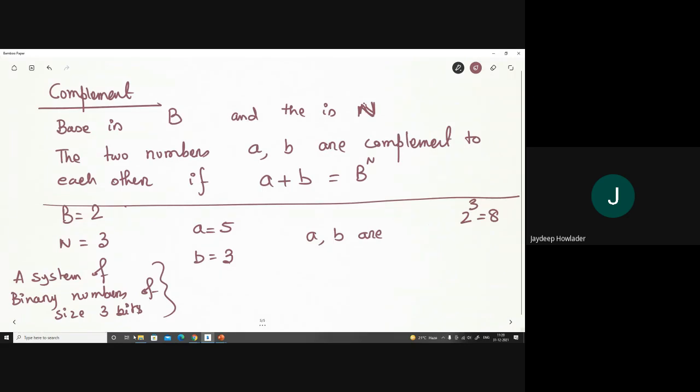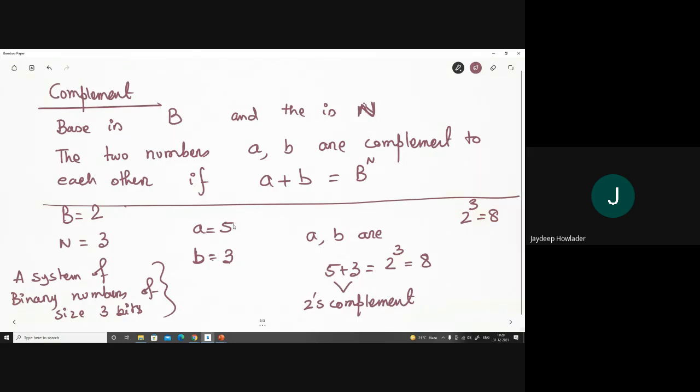Now if we consider a binary number A whose numerical value is 5, then there is another number whose numerical value is 3, and they are complements because my size is 3. So 5 plus 3 is 2 to the power 3, that means 8. So they are sometimes called 2's complement. Every number basically has its mapping as a 2's complement.